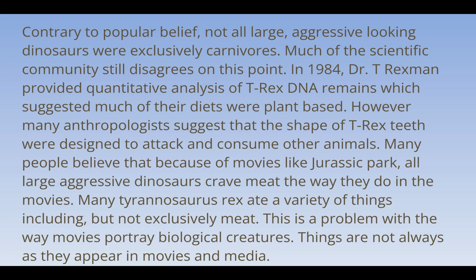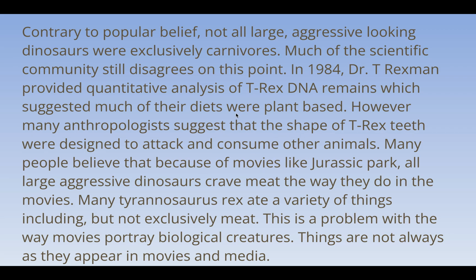We talked about this example last time. This is the T-Rex paragraph that talks about the fact that big dinosaurs weren't actually just carnivores. But then halfway through the paragraph, it just kind of throws in this idea about people getting wrong ideas about dinosaurs from the media. Okay, and we had a conversation about this.